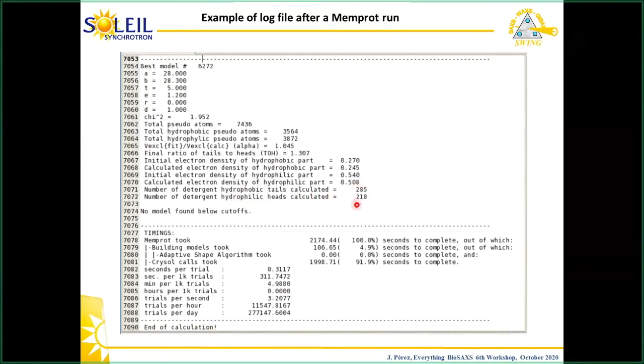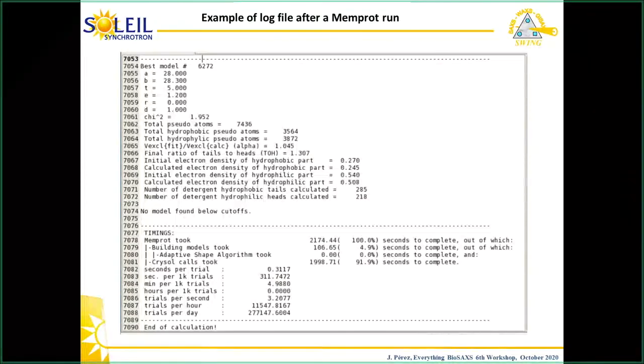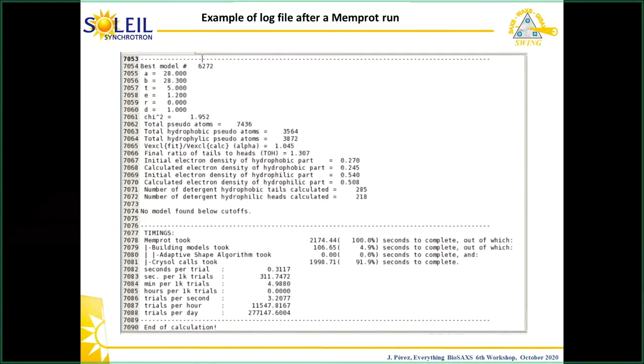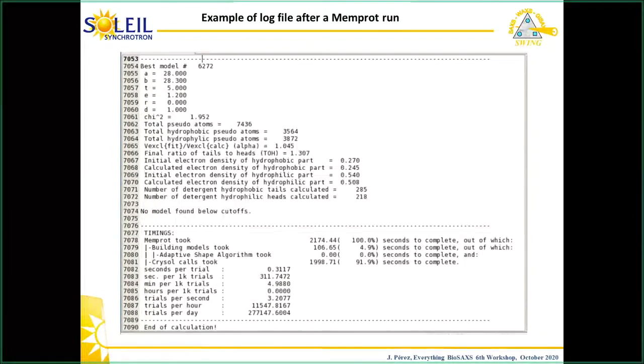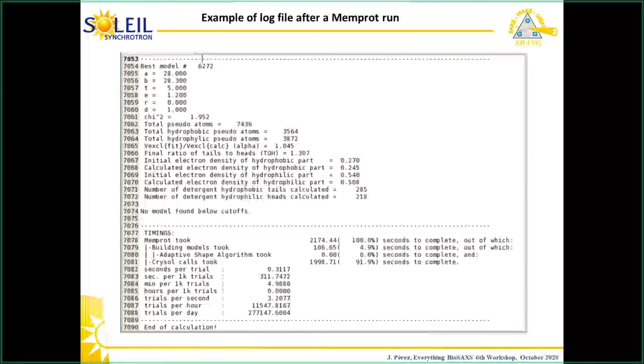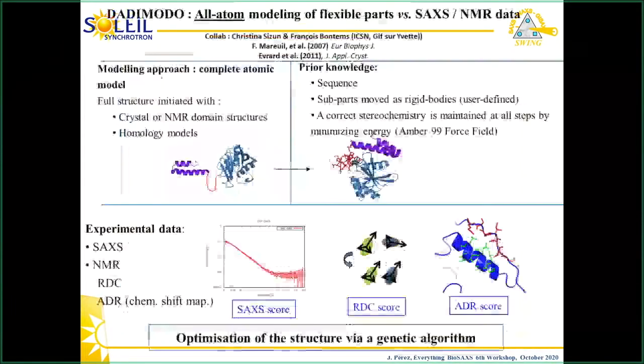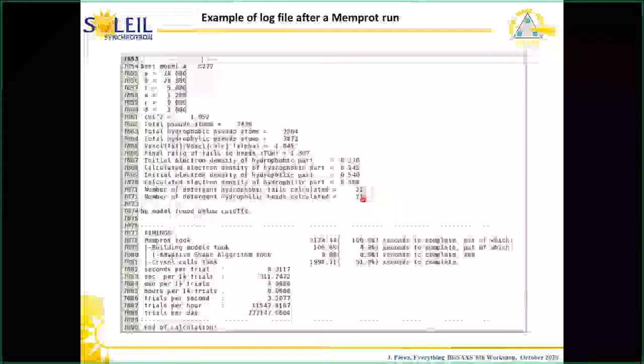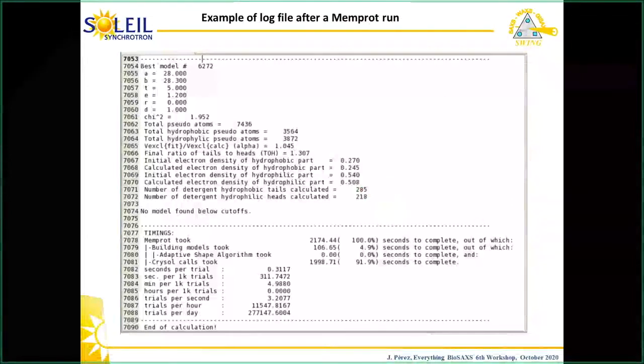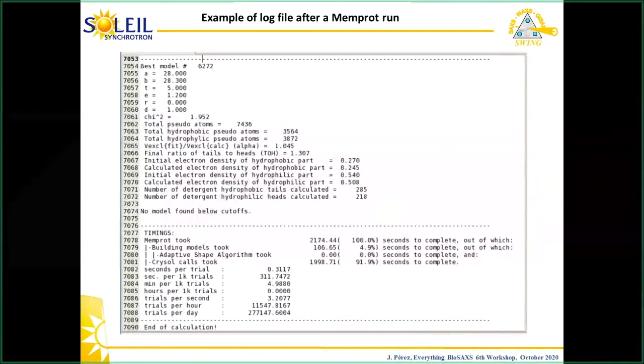And of course, these two numbers should be identical because a detergent molecule comes with 1 head and 1 tail. But the fact that these two numbers are equal is not a constraint in Memprot, it's an output. Then the proximity of these two values is a kind of check that the model is coherent.